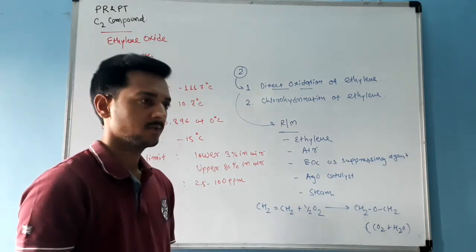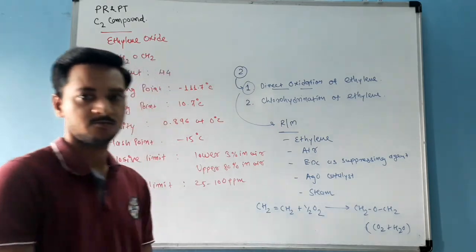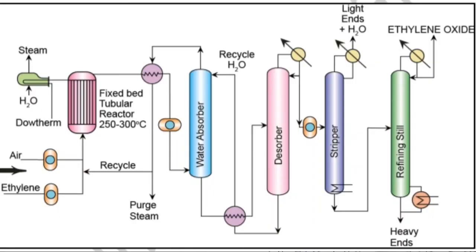Now let's discuss the method. As shown in the flow diagram, basic raw materials ethylene and air are compressed separately, mixed, and passed over a reactor having silver oxide catalyst. It is a fixed bed tubular reactor.